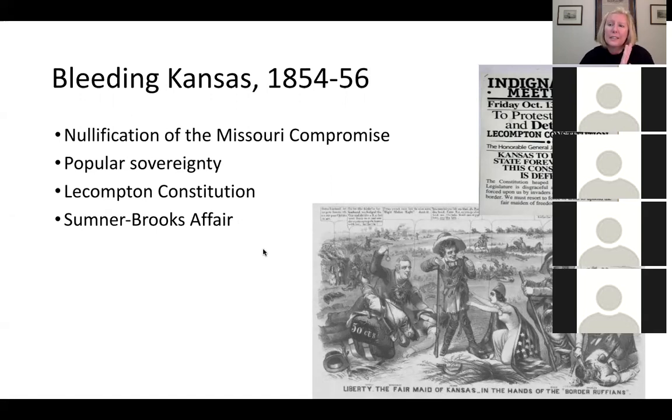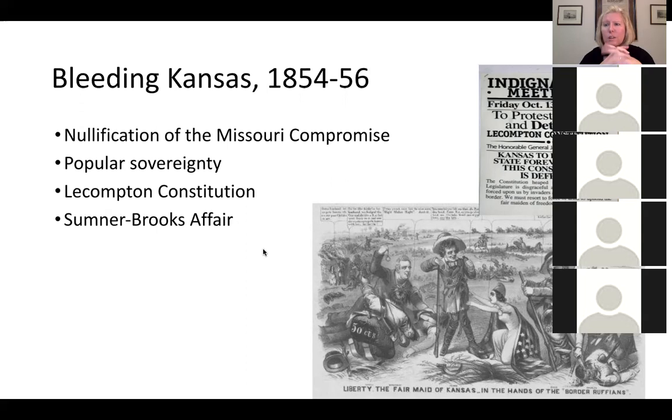But Bleeding Kansas is a really good way of being able to see that slavery and the debate over slavery essentially has devolved into violence. By 1856, there doesn't actually seem to be any kind of way in which, at least through politics, the power of Congress, you are going to see any kind of resolution.